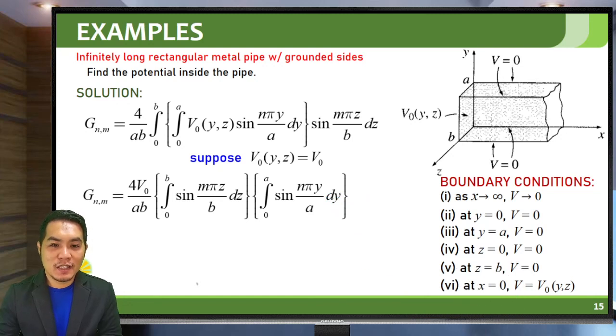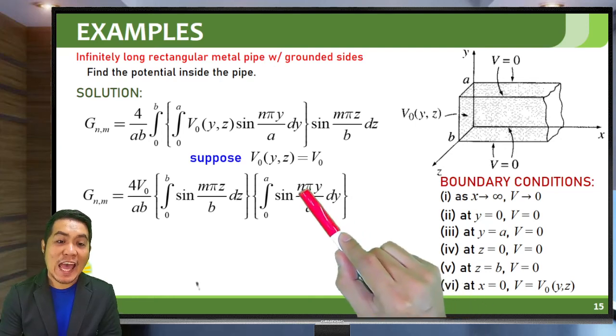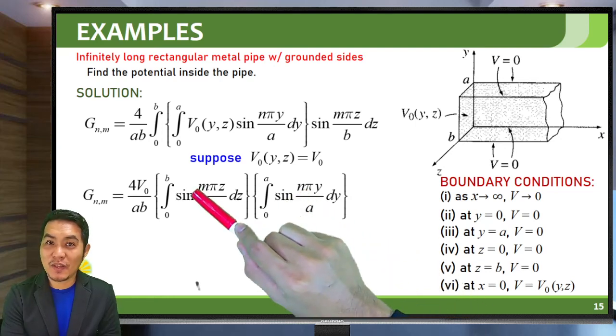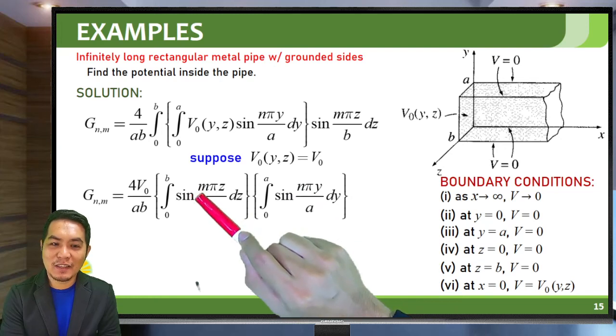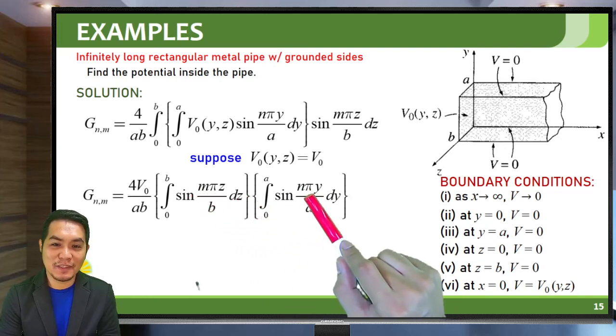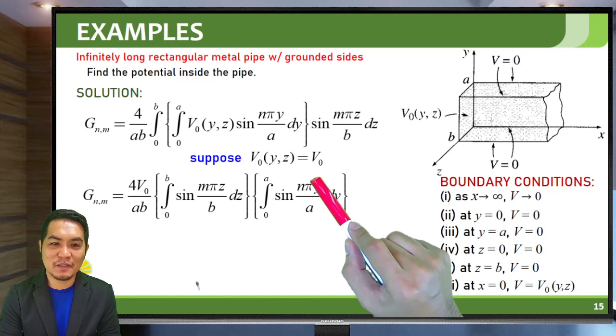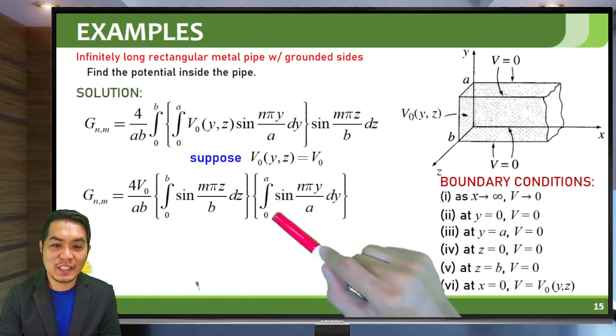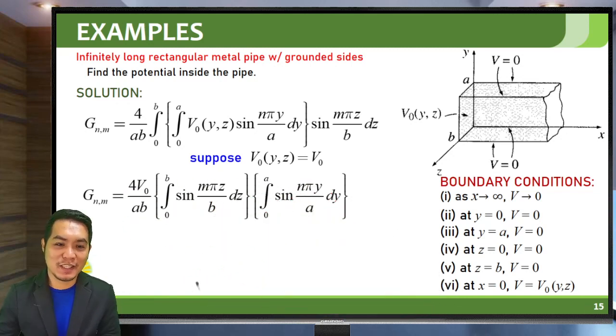And these two integrals will be 0 unless n and m are both odd. Because if any of these two are even, if n is even, then this is 0 and the whole integral becomes 0.